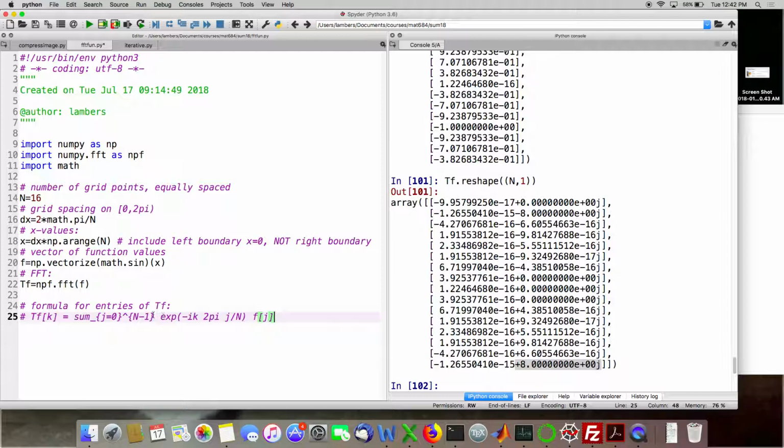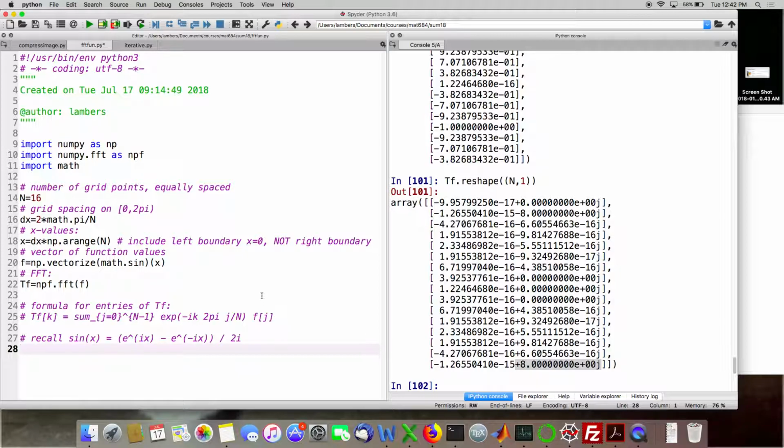So what it's doing is multiplying all these by various values of sine x that I have, and because sine x is equal to e to the ix minus e to the minus ix, all over 2i.